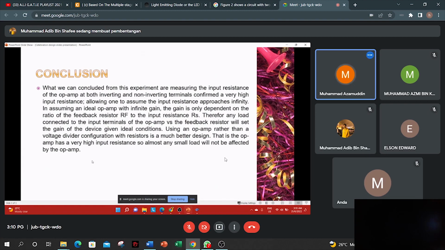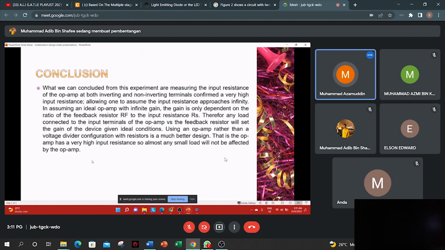In assuming an ideal op-amp with infinite gain, the gain is only dependent on the ratio of the feedback resistor RF to the input resistor RS. Therefore, any load connected to the input terminal of the op-amp versus the feedback resistor will set the gain of the device given ideal conditions.